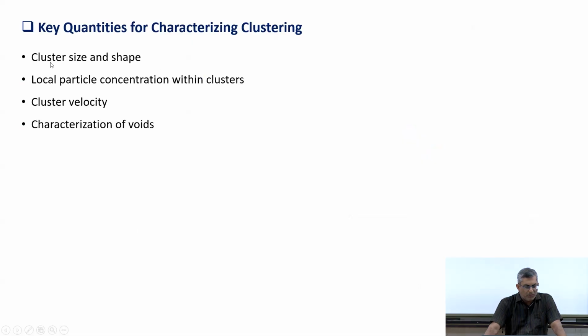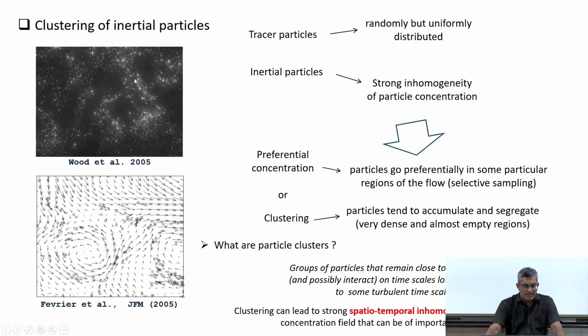So, what are the key quantities that we need to characterize in particle clusters? That involves cluster size, shape, and local particle concentration within clusters. Local particle concentration means what the particle concentration or number density is within a cluster. As you can see here, I can define a global number density.